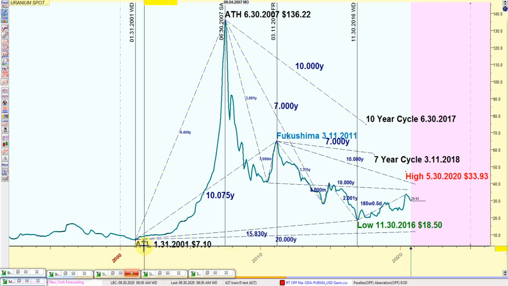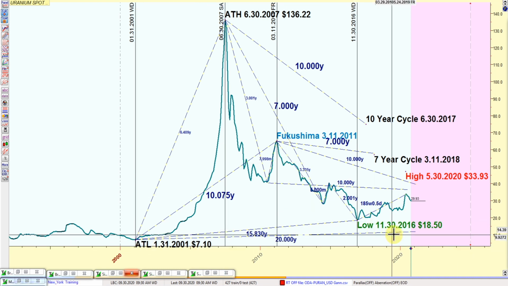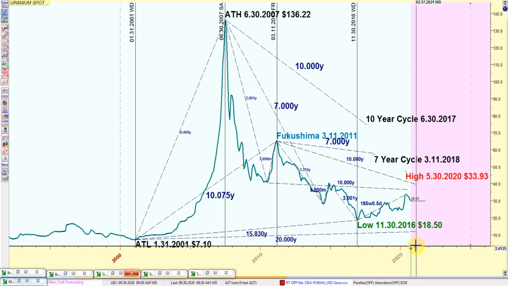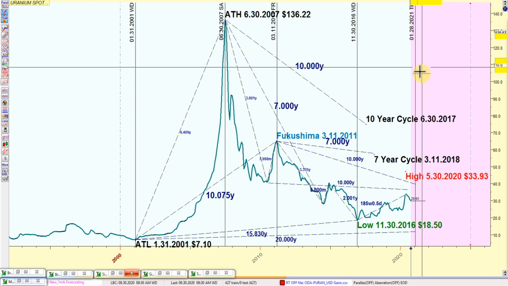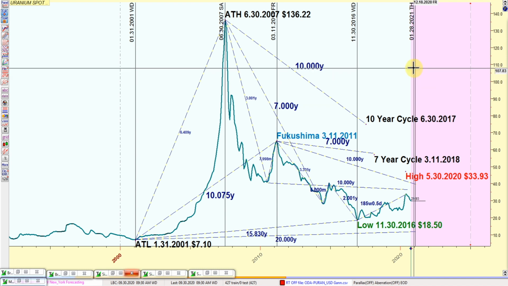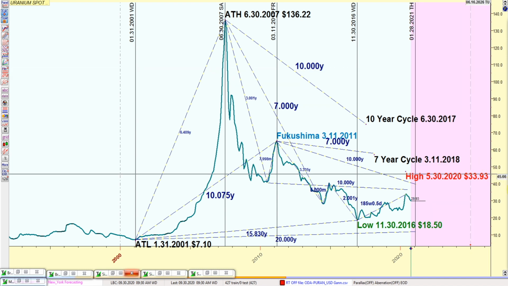And now from the all-time low, we're approaching the 20-year cycle, which is somewhere between January and February of 2021. Let's continue. And then I have that already pointing out right here as a hot zone.